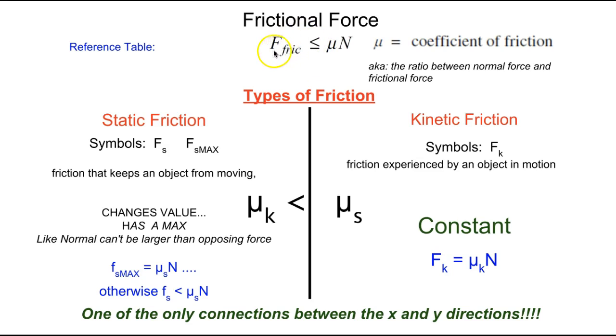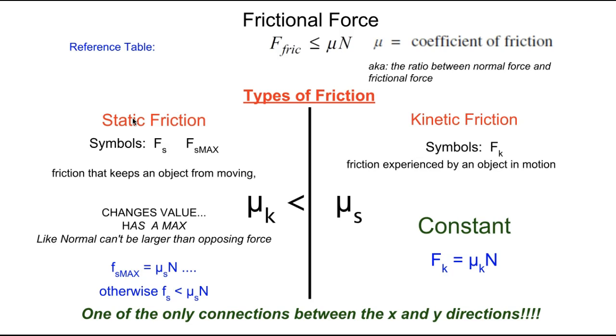If it is equal to, then I have static friction. Static friction is the friction that keeps objects from moving altogether. There is no motion when you have static friction. Once you overcome the friction, where the force applied overpowers this static friction, then you move to kinetic friction.